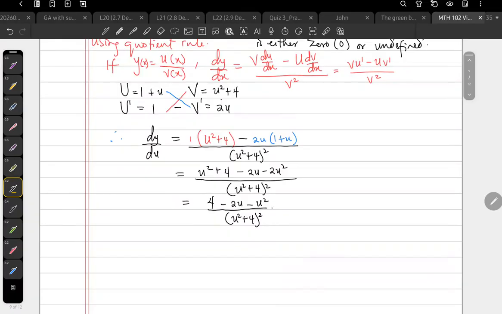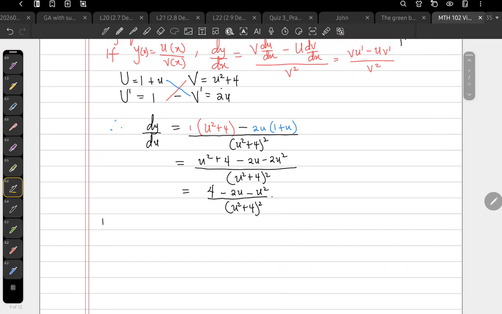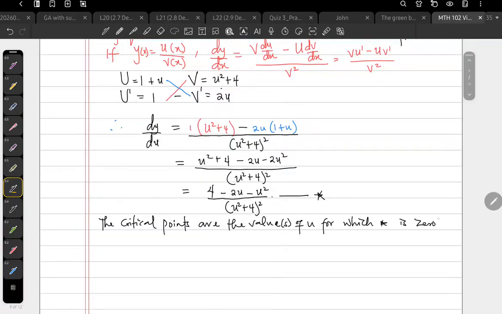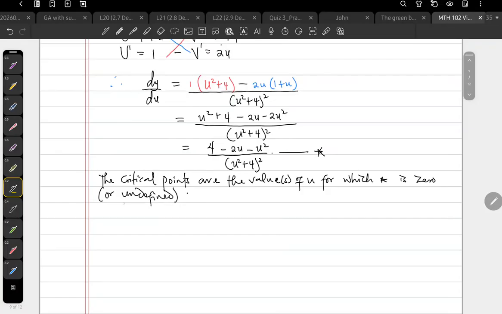Now that we've gotten the derivative, the critical points are therefore the values of u for which this expression star is 0 or undefined. Since it is a rational function, this derivative is 0 when the numerator equals 0.